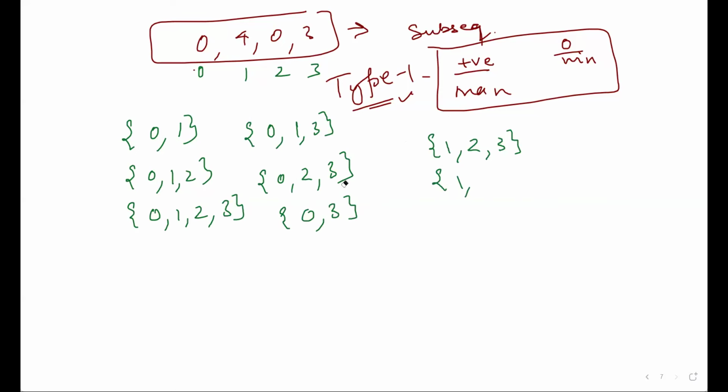Okay, wait, we are missing something. We have 0, 1. We take these two. We have taken 0, 1, 3. We have taken 0, 3. We can take 2, 3. And we need one more. We are missing one more subsequence.